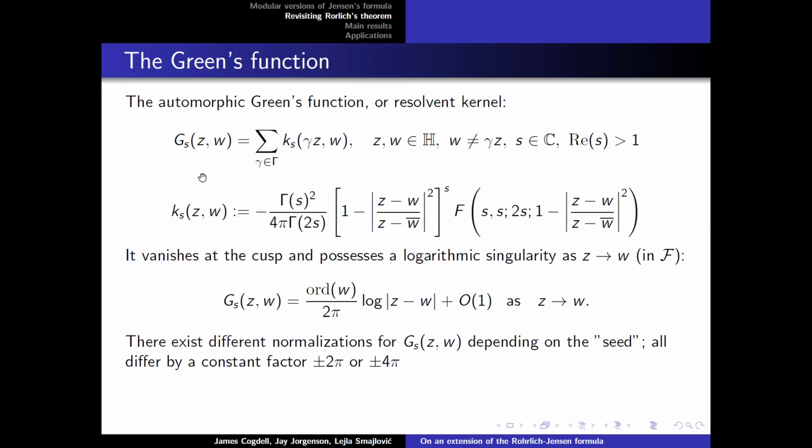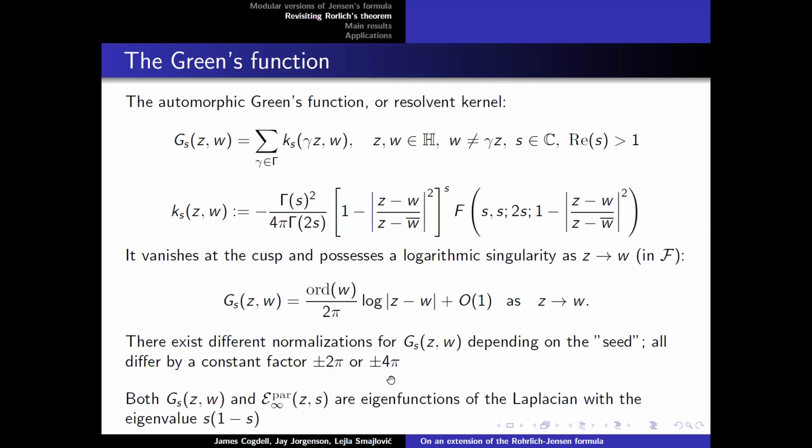So this constant can be different in different papers, but all definitions that I've seen so far differ by a constant factor, which is plus or minus 2 pi, plus or minus 2, plus or minus 4 pi, and so on. And what is really important for this talk is that both G_s, the resolvent kernel, and the parabolic Eisenstein series are eigenfunctions of the hyperbolic Laplacian with the same eigenvalue s times 1 minus s.